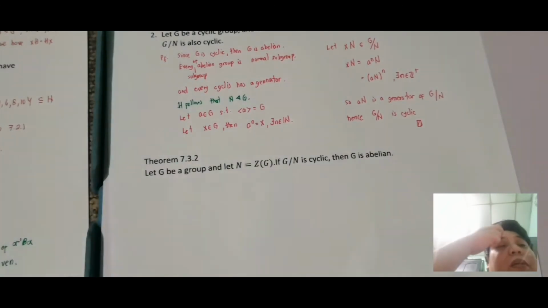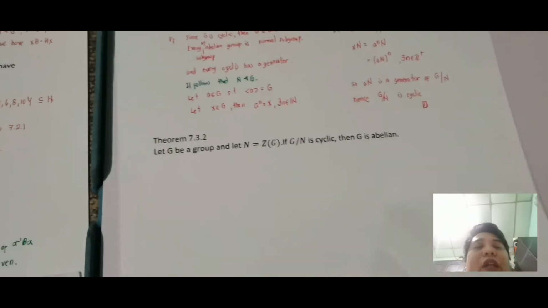So sa XN is napuntahan lang ni A raised to N. Since si A is a generator, so na-inherit niya yung pagiging generator niya kay N. So minultiply ko siya kay N, okay, generator din. Generator ka na rin, pero generator ka ng quotient group or the factor group G by N. Okay, so yun yung sinasabi ng theorem na yan, or ng example na yan.